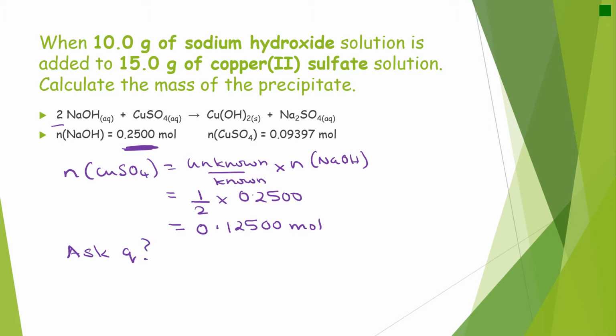Now I need to ask myself a question. Do I actually have 0.125 moles of copper sulfate? Looking back here, I've only got 0.09397 moles. So no, I don't have enough moles of copper sulfate. So the copper sulfate in this case is the limiting reagent.